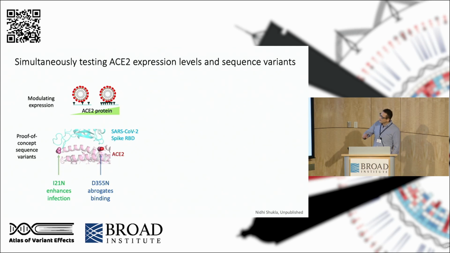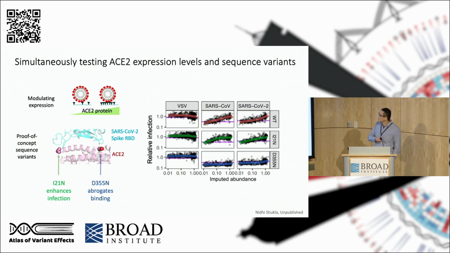Furthermore, incorporating sequence variants, we previously showed that there are mutants that could be engineered, some of them actually in the population at very, very low frequency. But this I21N variant enhances infection. This D355N abrogates binding and drastically decreases infection.